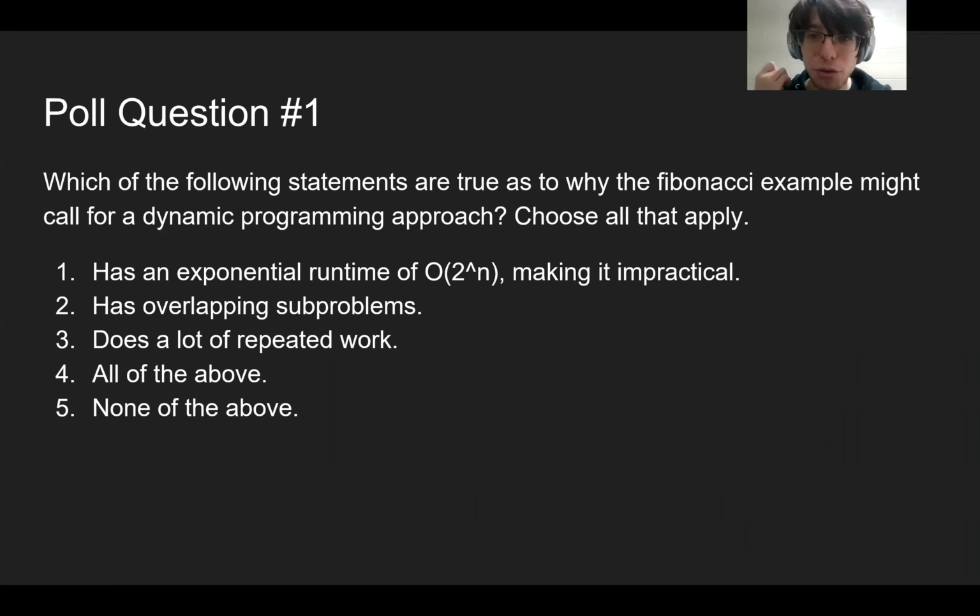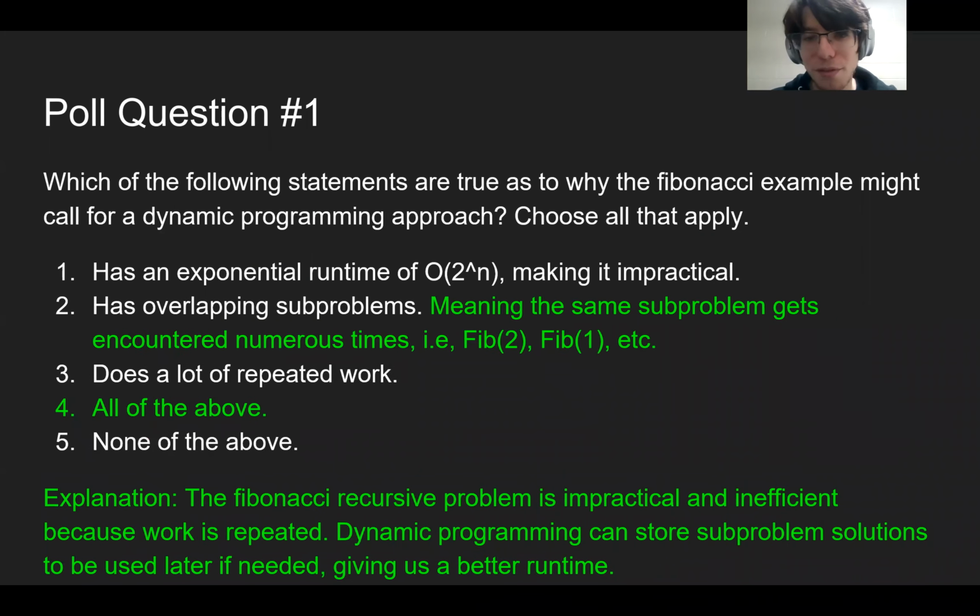Which of the following statements are true as to why the Fibonacci example might call for a dynamic programming approach? All right, so you can pause and try and answer. And the answer is, it's all of the above, right?